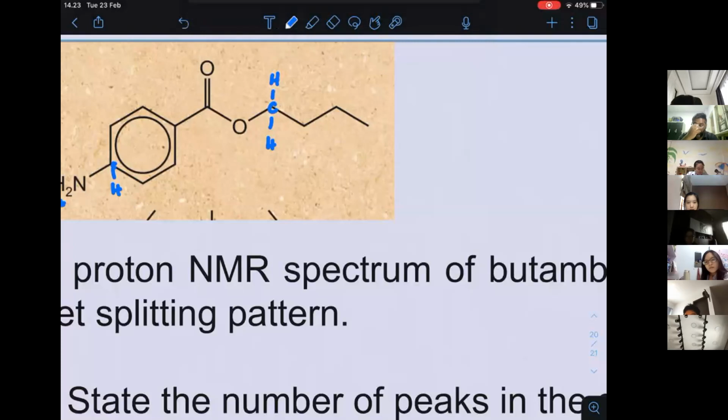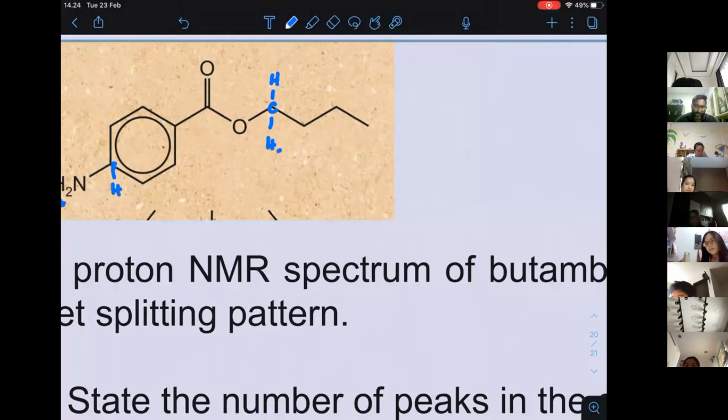Okay, you can see the screen now. For this environment, there is no carbon beside here, but I do have one carbon here, and it has two hydrogens.